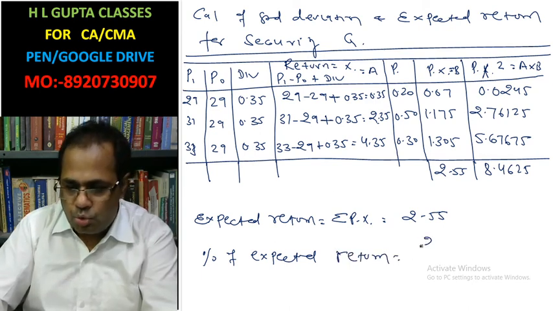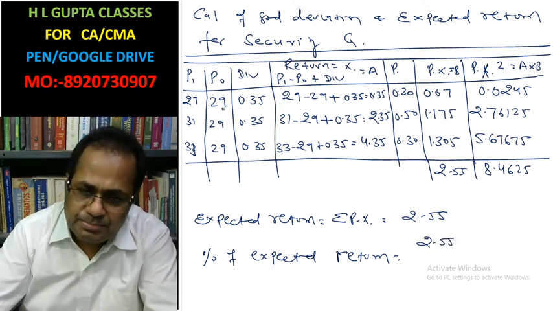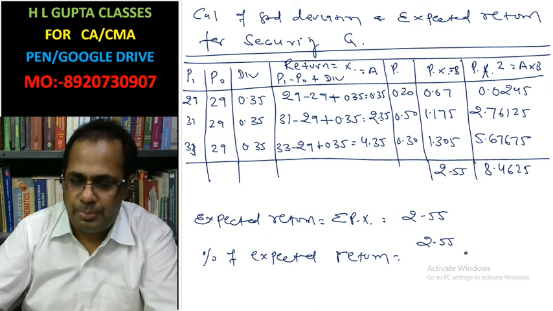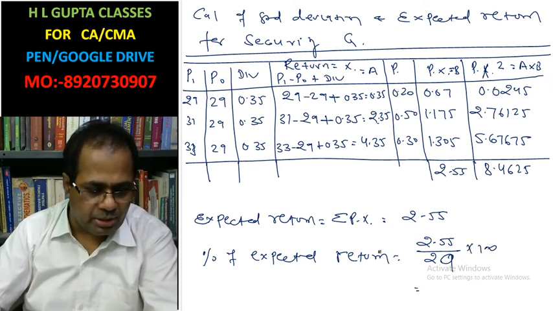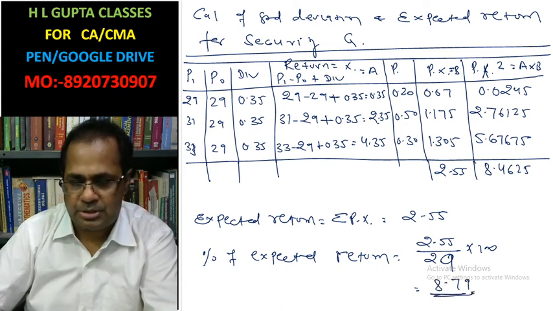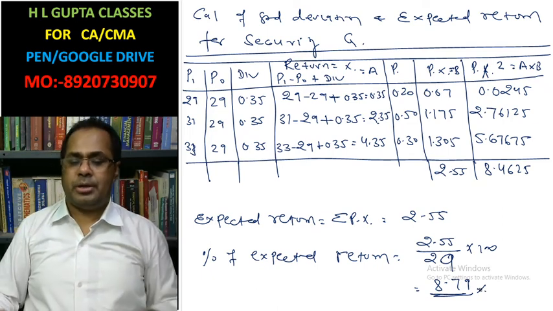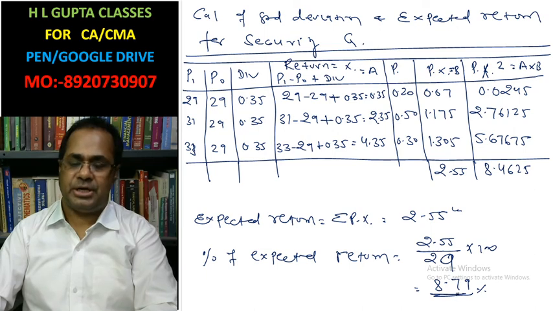Look at it. 2.55 return is on investment of rupees 29. On investment of rupees 29, base 29 into 100. Then what will be your return? 8.79%. This is in amount, and this is your percentage return.